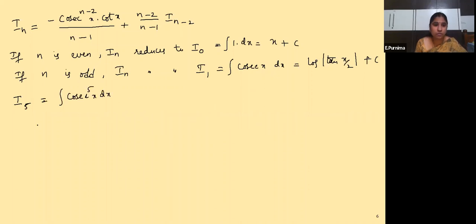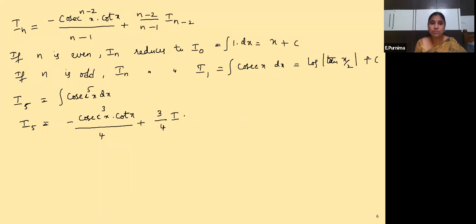Okay, which is equal to, let us substitute in the formula. I5 is equal to minus cosecant to the power of 5 minus 2, what is that? 3. So cosecant cube x into cot x by n minus 1, that is 5 minus 1 is 4, plus n minus 2, what is n minus 2? 5 minus 2 is how much? 3. 3 by 5 minus 1 is 4 into I n minus 2.